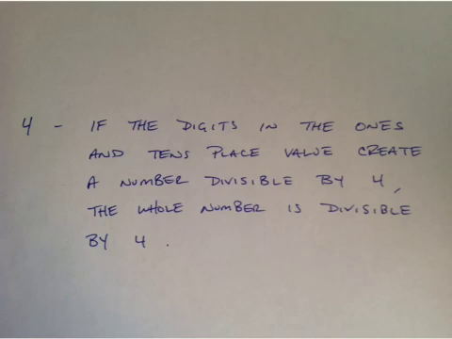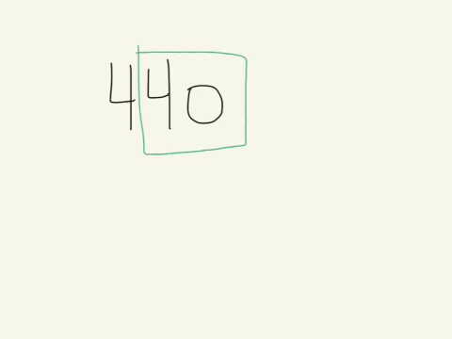Okay, the divisibility rule for 4 says if the digits in the ones and tens place value create a number divisible by 4, the whole number is divisible by 4. So what this looks like is if we have a number, say 440, we take a look at the ones and the tens place value.